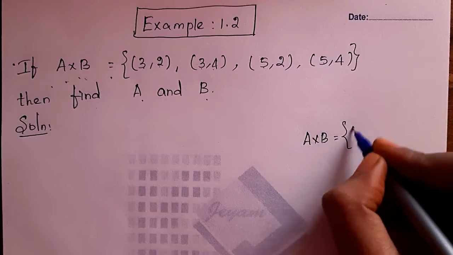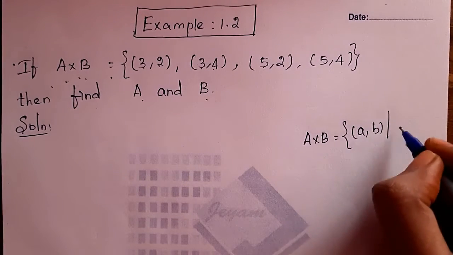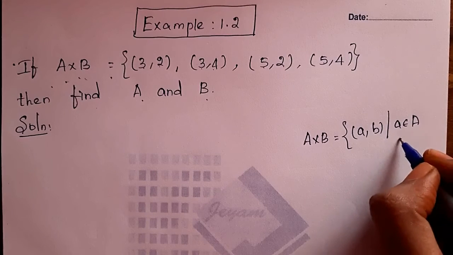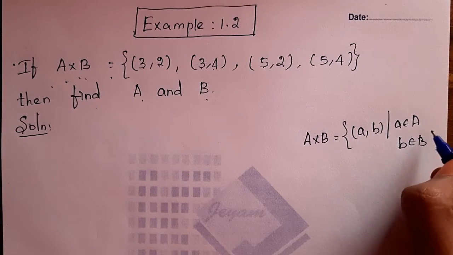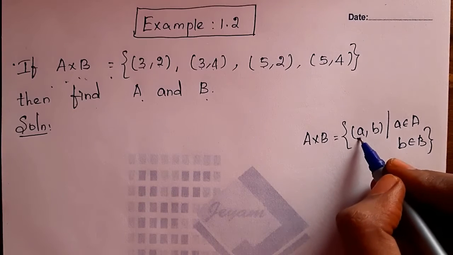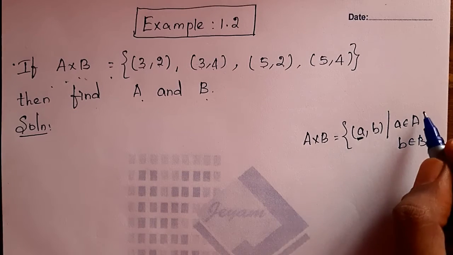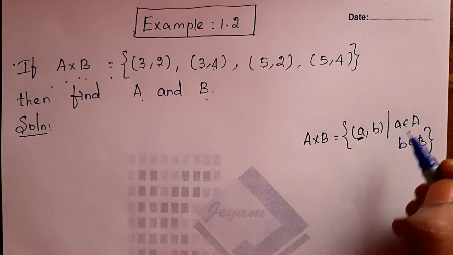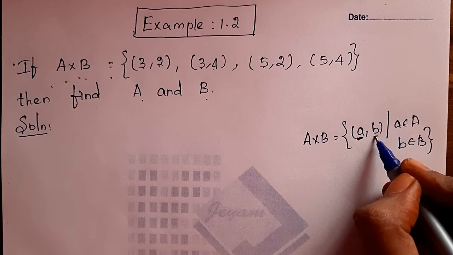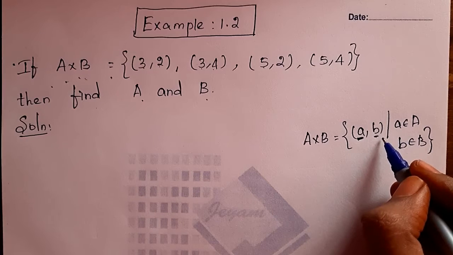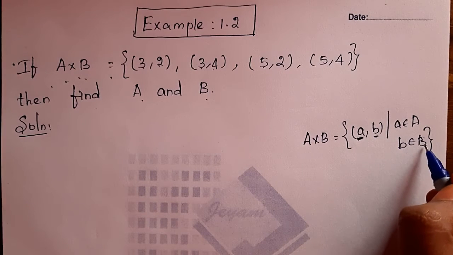It is the set of all (a, b) such that a belongs to A and b belongs to B. So all the first elements, otherwise first coordinates, are from the set A, and all the second elements, otherwise second coordinates, are from the set B.